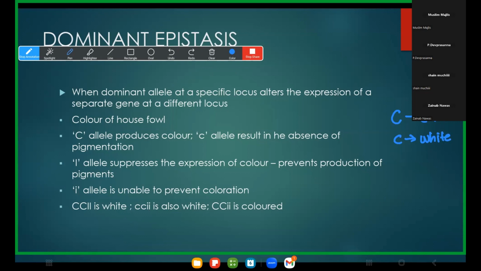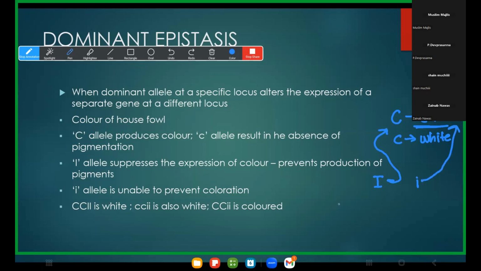They also have another gene, with an allele considered to be I, which is responsible for the production of pigments. But here, the capital I allele would suppress the expression of the pigment. So if capital I was present, it would suppress the plumage color of the housefowl. Instead, if it was simple I, then the color would be expressed.